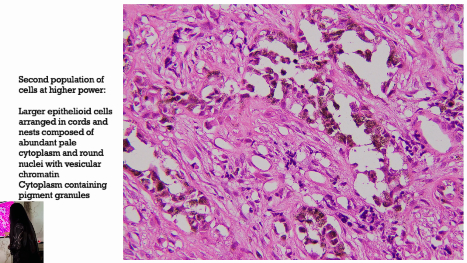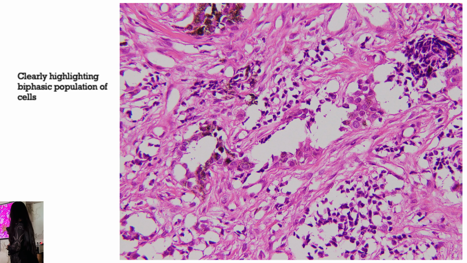But when we compare it with the second population of cells, they have a larger size than the previous population. They have a larger nucleus, which is less hyperchromatic, with vesicular chromatin, and we see abundant cytoplasm, which we appreciate here. In the cytoplasm, we see some brown pigment. That's why we're calling it the pigment-containing population.